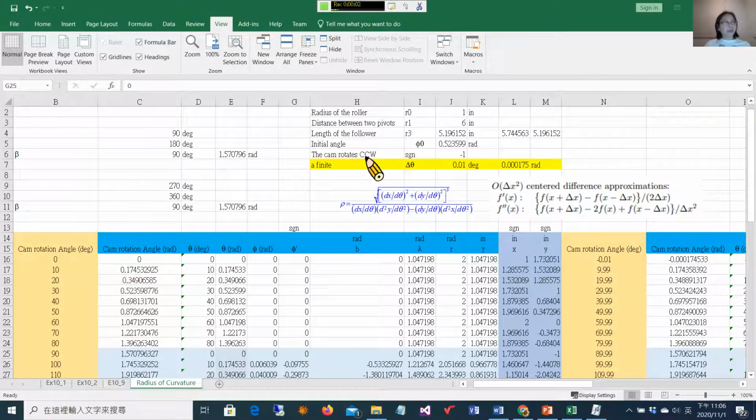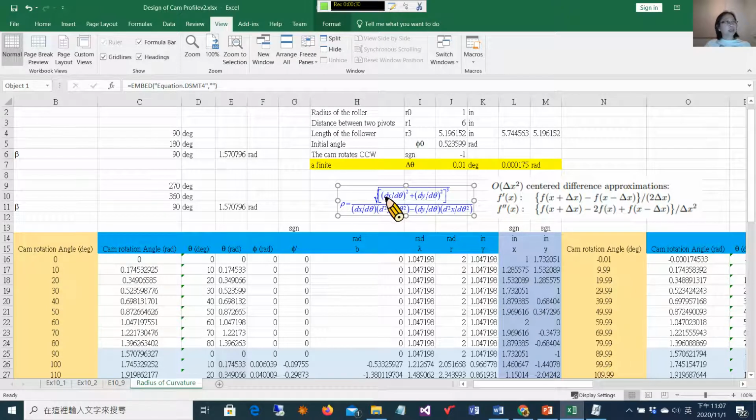I will show you how to use finite difference to compute the radius of curvature for a cam profile. If we have a parametric expression for a cam geometry in terms of x of theta and y of theta, we have a formula for the radius of curvature rho like this.